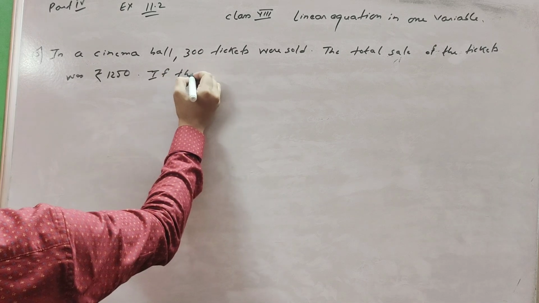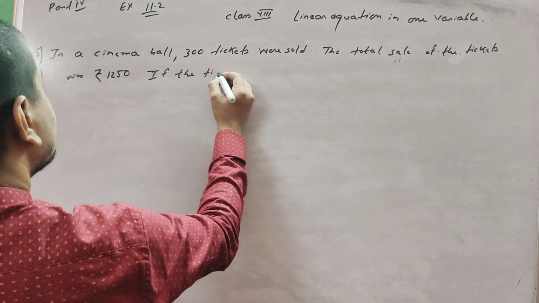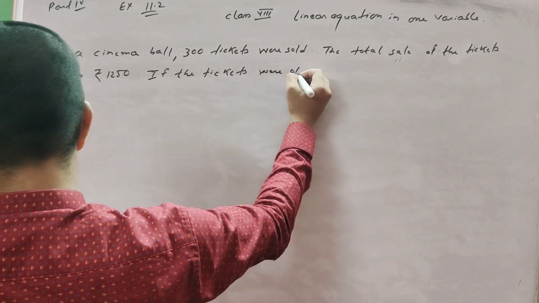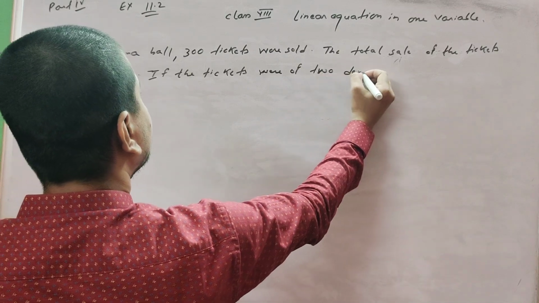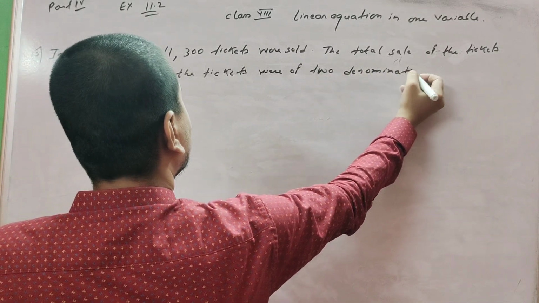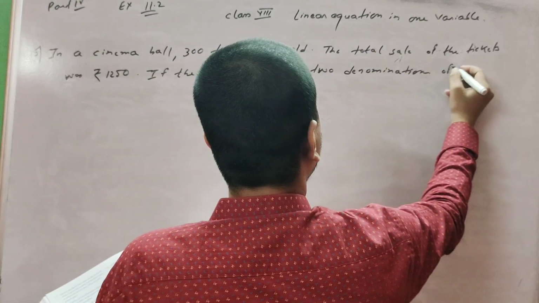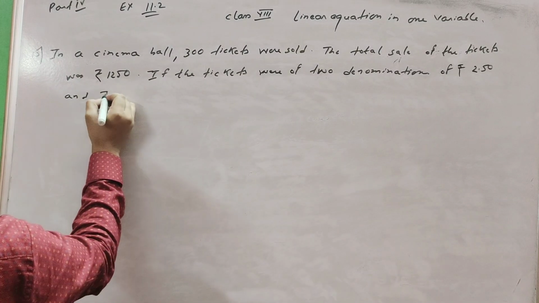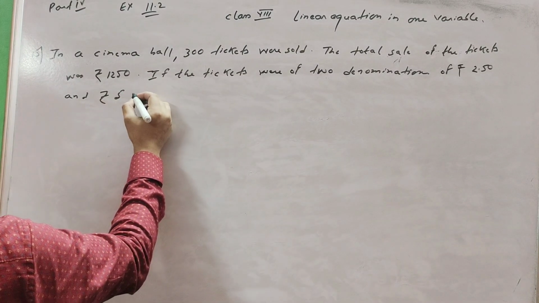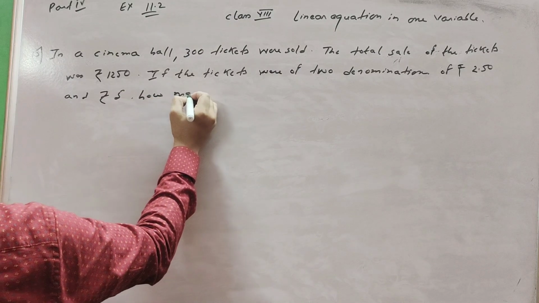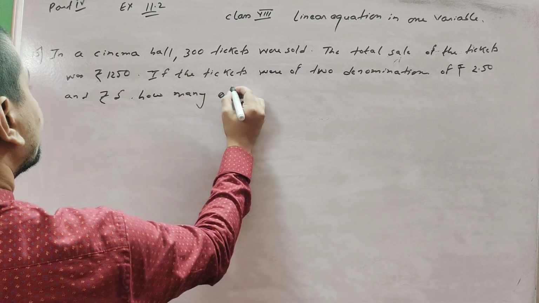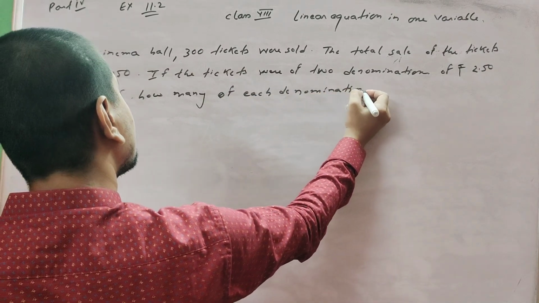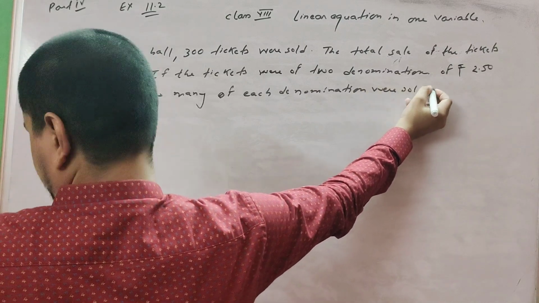If the tickets were of two denominations, of rupees 2.50 and rupees 5, how many of each denomination were sold?